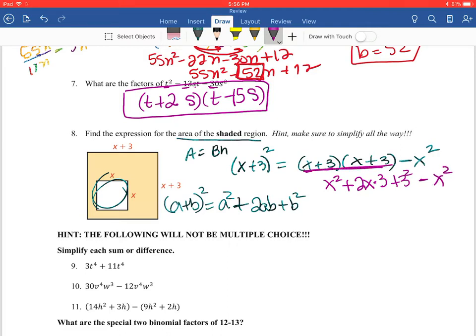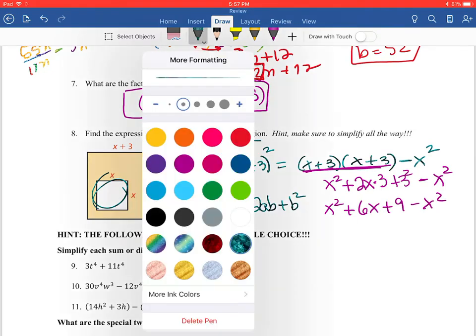So I factored those, I FOILed those out. Okay, no, I didn't factor, I FOILed those out. All right, I'm simplifying them. Now that's going to give me x squared plus 6x plus 9 minus x squared. Okay, I got the x squared right from here.